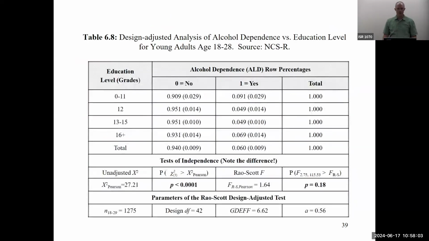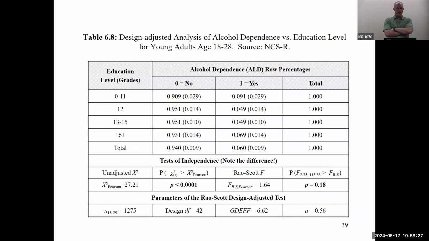So for this table, and this is an example from ASDA in chapter 6, each of the 4 categories of education, okay, you see 0 to 11, 12, 13 to 15, and 16 plus. So we have this mix of less than high school, some college, and then college and above. Those are the 4 education categories. We see the weighted estimates of these row percentages.